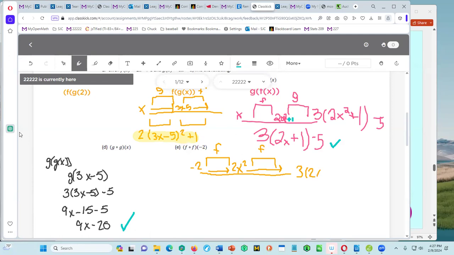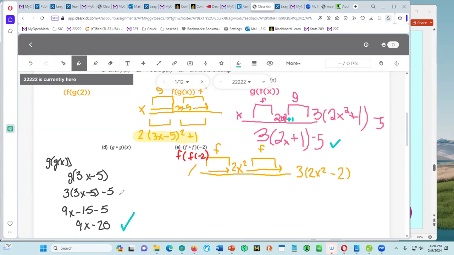Okay, someone want to help Anna there? Was I supposed to put an X instead of a -2 on the left side? Yeah, basically this is f of -2.